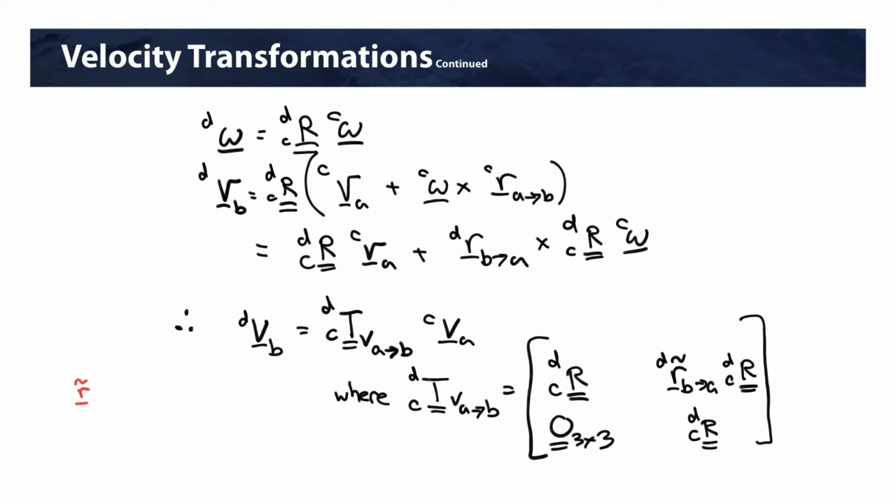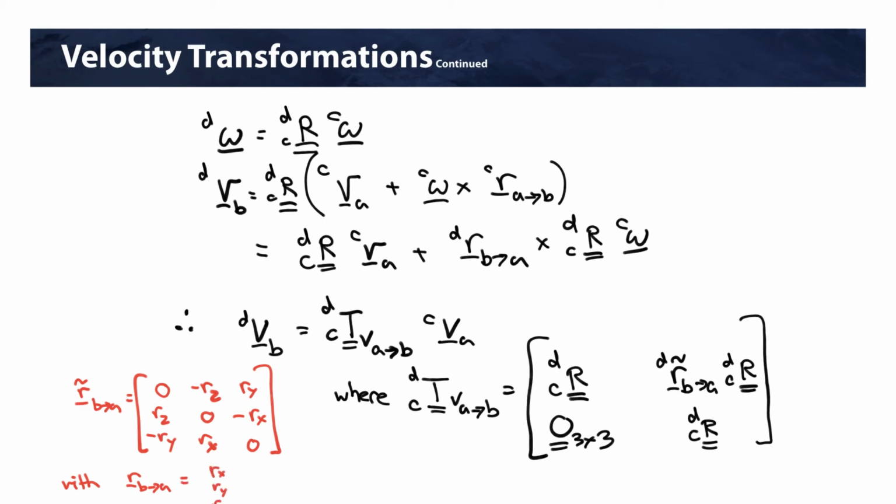R tilde B to A is just simply the skew symmetric matrix of this form, with RB to A just simply RX, RY, and RZ.